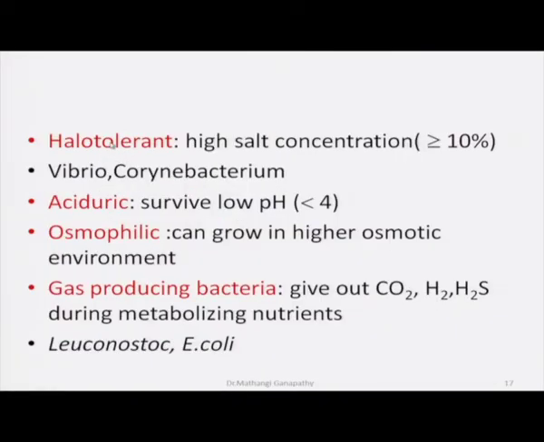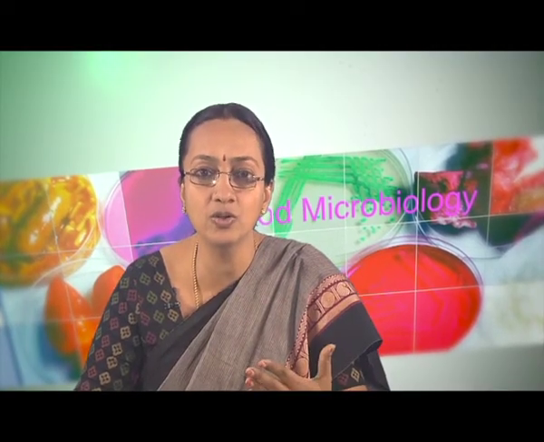Halotolerant, as the name indicates, these organisms can survive very high salt concentrations, greater than 10%. So your pickling will not help. In spite of the high salt present, the organisms can still grow. A typical example is Vibrio, Corynebacterium.